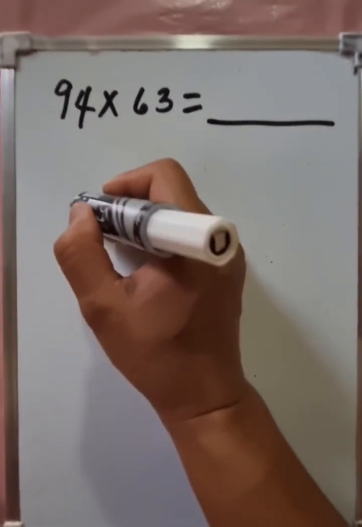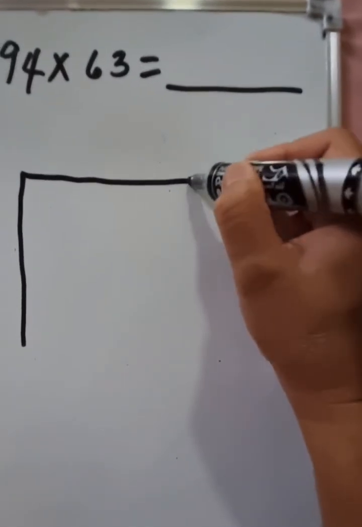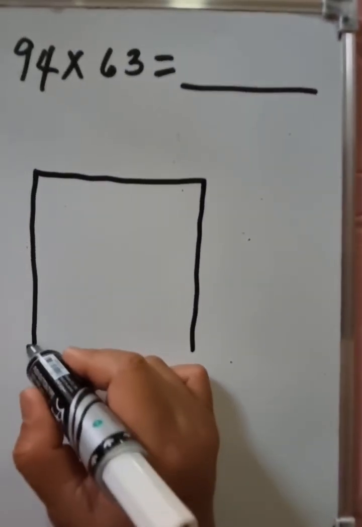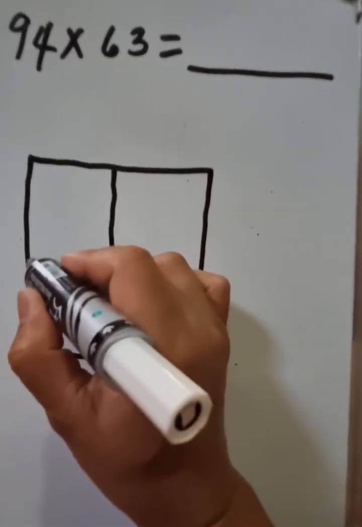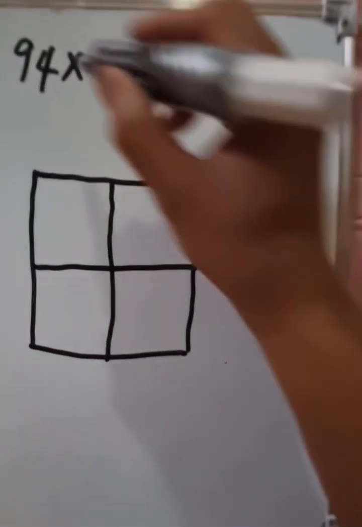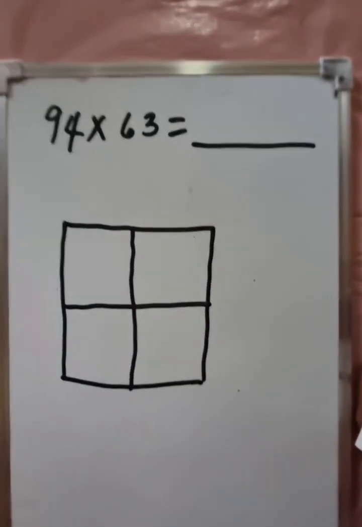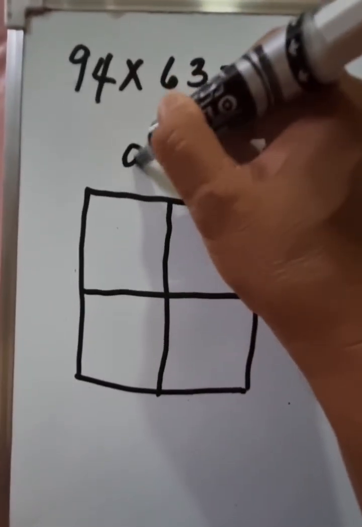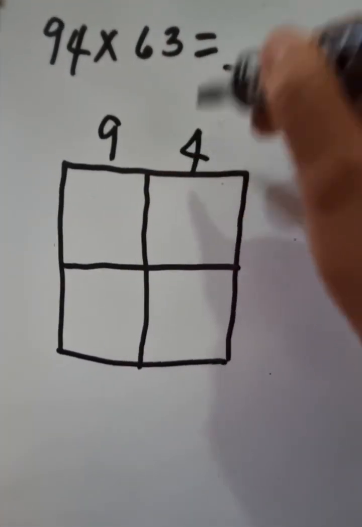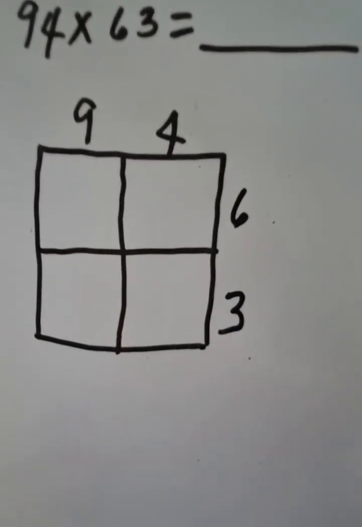So using the lattice method, let us draw a big square and divide this into 4 equal parts. Why? Because there are 2 digits here and 2 digits in the second multiplier. So let us write 9 in here and 4 in here, then 6 here and 3 here.